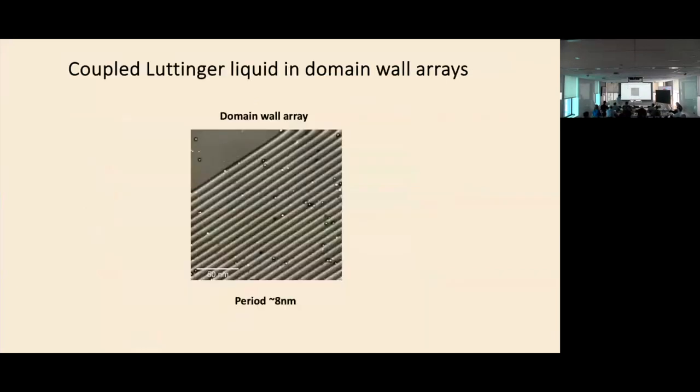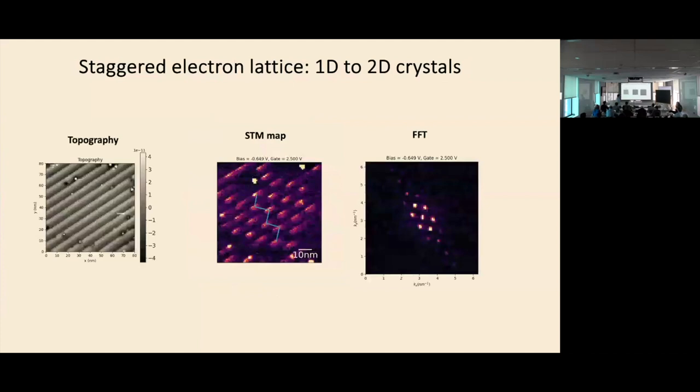Then we can study what happens when you have these arrays of 1D channels. We can first look at the very low density limit, where you can see individual 1D domains form a Wigner crystal state. But when you look at the adjacent ones, you see the electrons form a zigzag pattern.